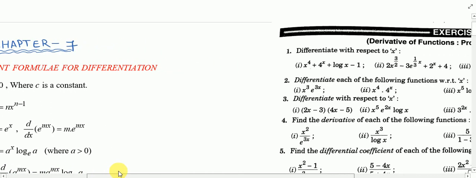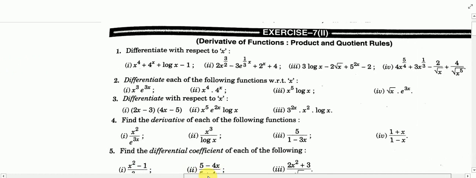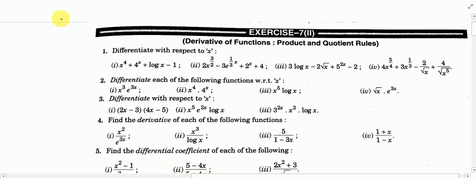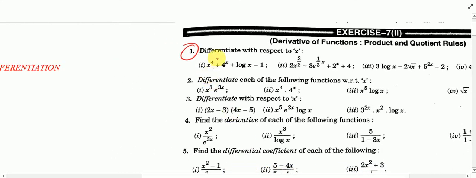So now let us see question number 1. It says differentiate with respect to x. This is the function. You will see that this function has 4 terms.